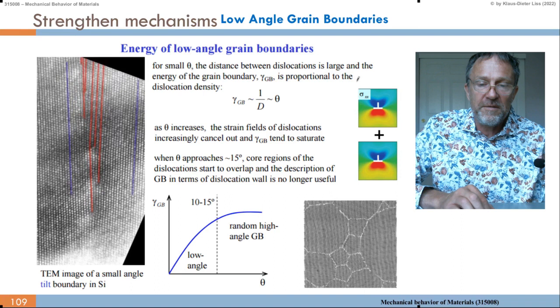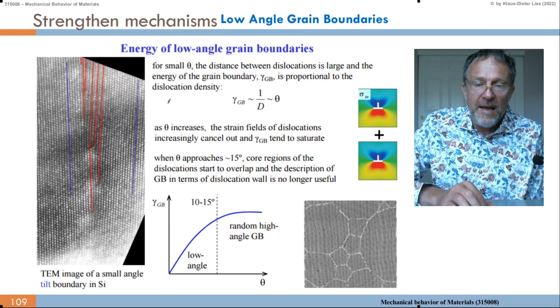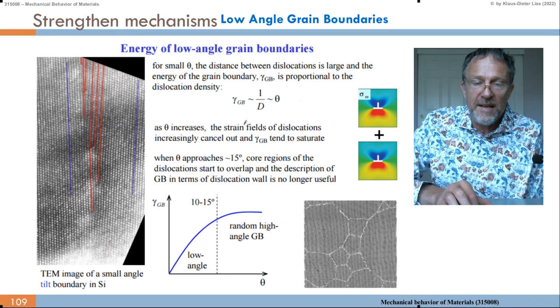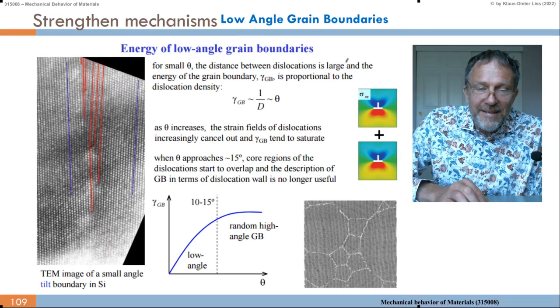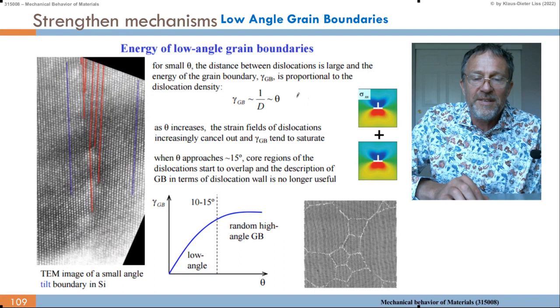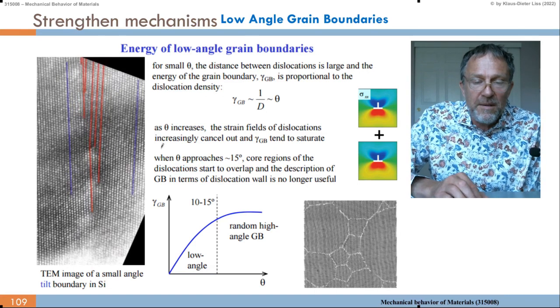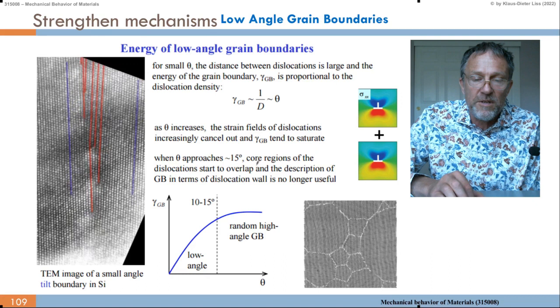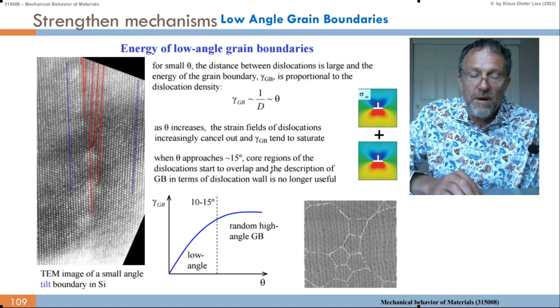Now the energy of the dislocation boundary: for small theta, the distance between dislocations is large and the energy of the grain boundary is proportional to the dislocation density, just the number of dislocations. But if we bring them close together, when theta approaches 15 degrees, the core regions of the dislocations start to overlap.